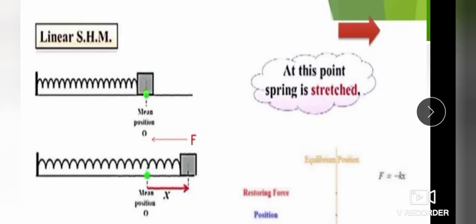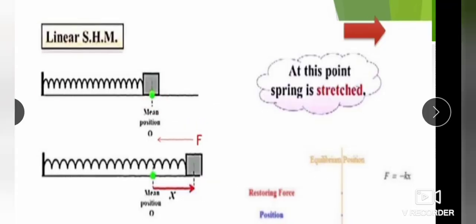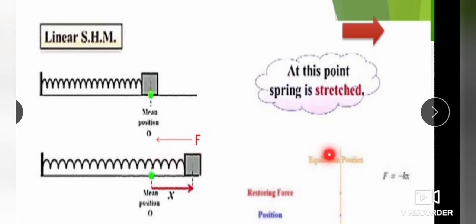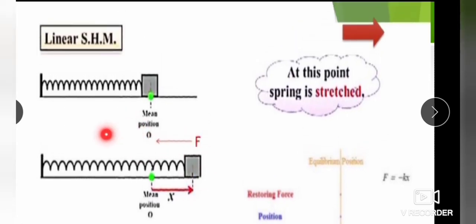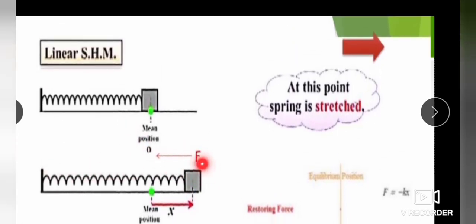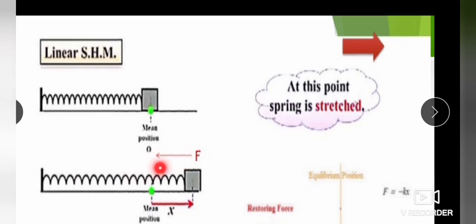For this, consider a block tied to a spring, and it is stretched in the right hand direction. Its displacement is in the right hand direction. After leaving it, it will go to the left due to the restoring force, which brings it back to the original position. Due to the elasticity of the spring, a restoring force is developed, and it is directly proportional to displacement.